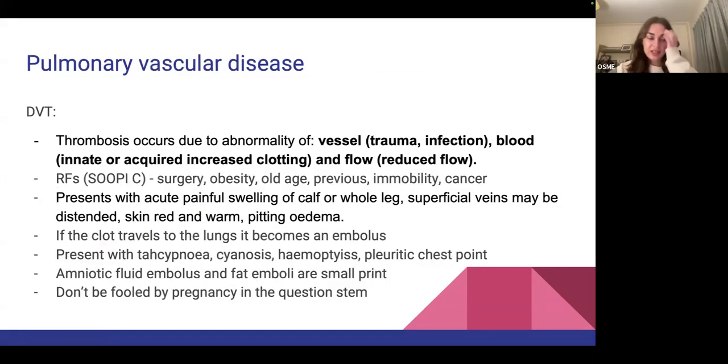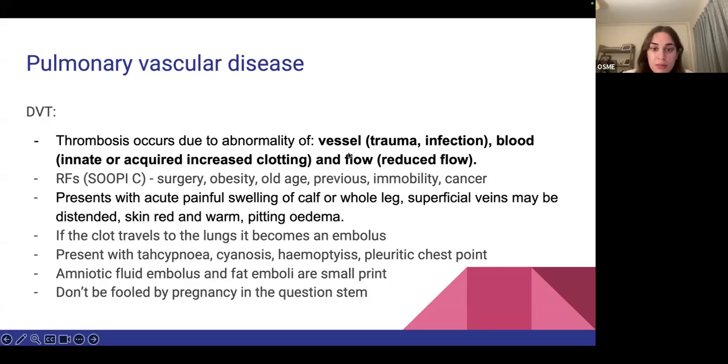So pulmonary vascular disease: DVTs are the big thing when it comes to pulmonary vascular disease. A DVT is a deep vein thrombosis. This is a clot that occurs typically in the veins of the legs, and when that gets thrown off, it reaches the lungs and can cause a lot of problems.